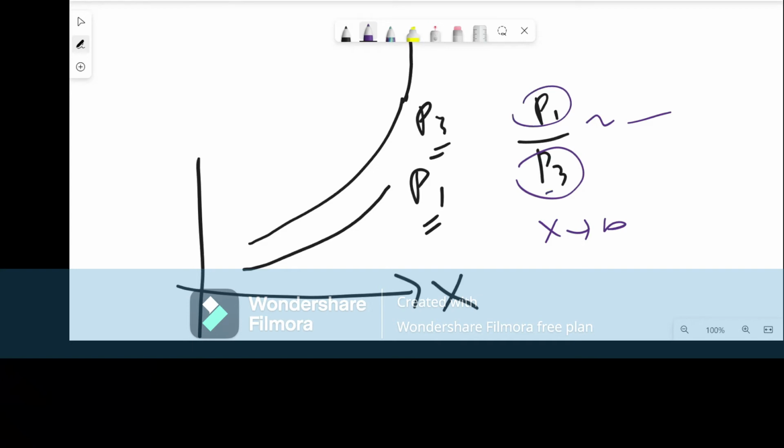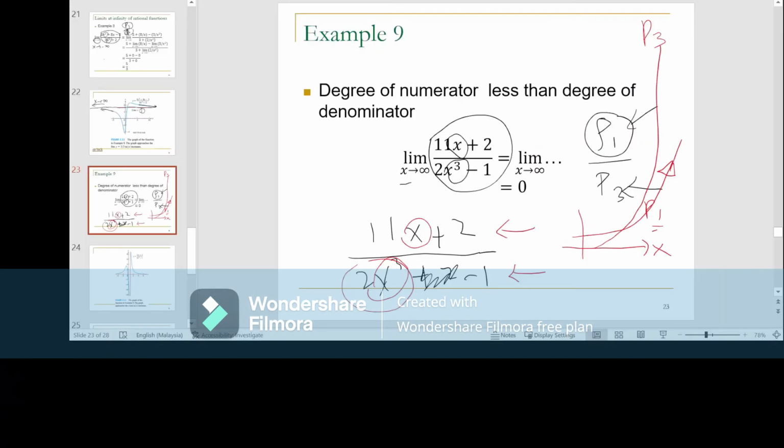That means P3 will grow much faster than the values of P1, and finally the behavior will be taken over and dominated by P3. So P3 will become much larger than P1, and the ratio will go in such a manner that it becomes like 1 over infinity. Okay, so that is the kind of intuitive expectation you would have of the ratio of these two polynomials.